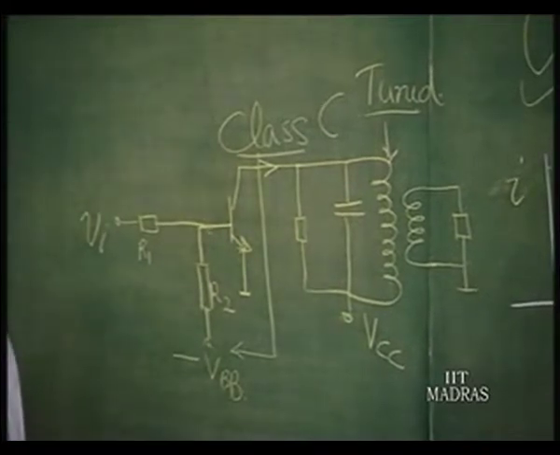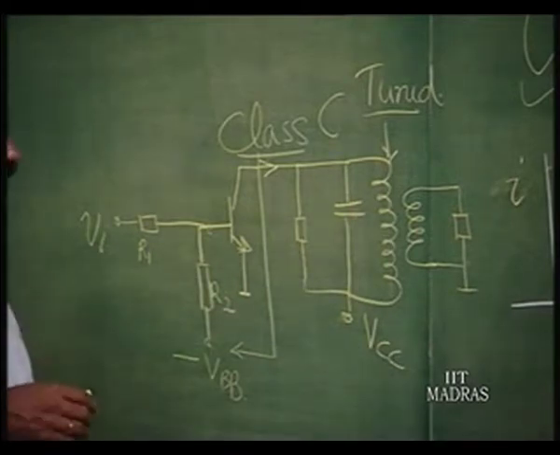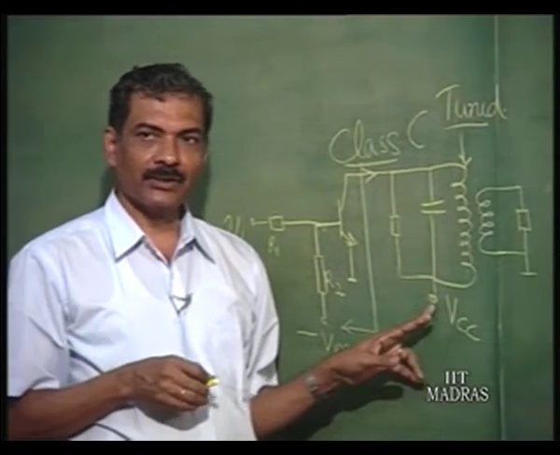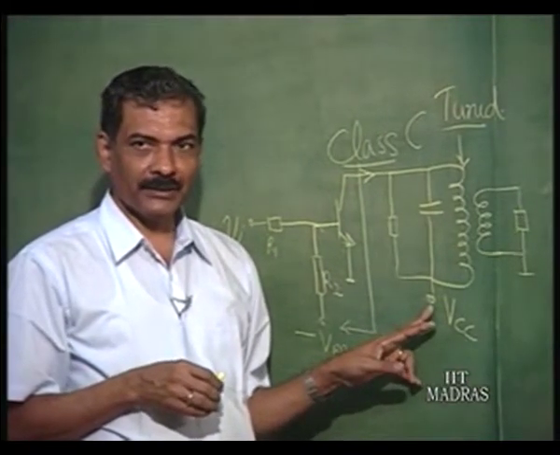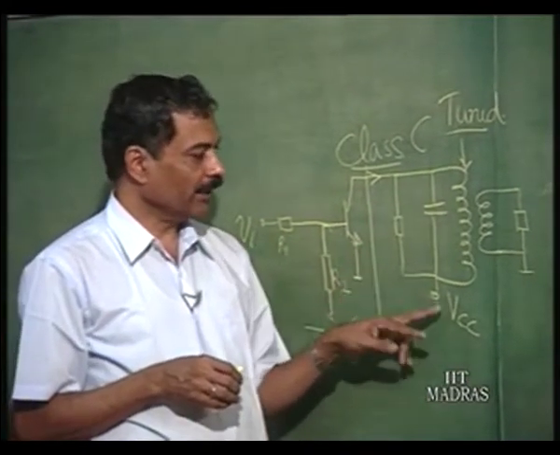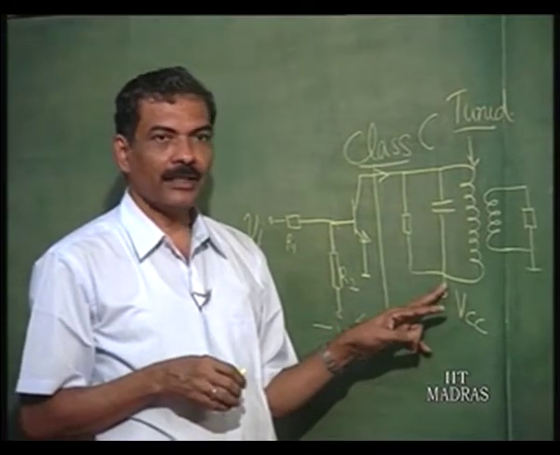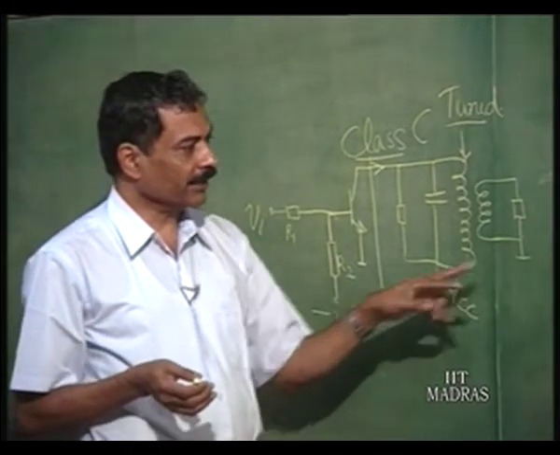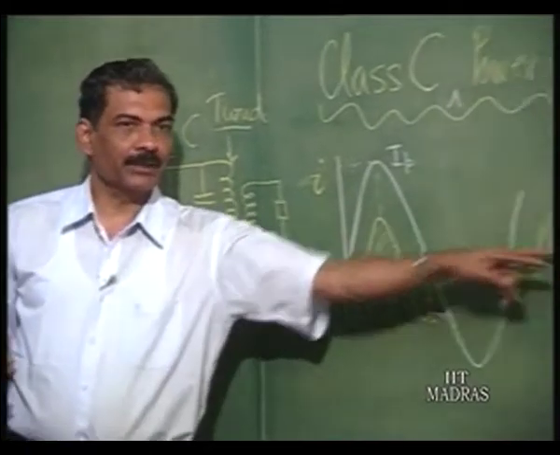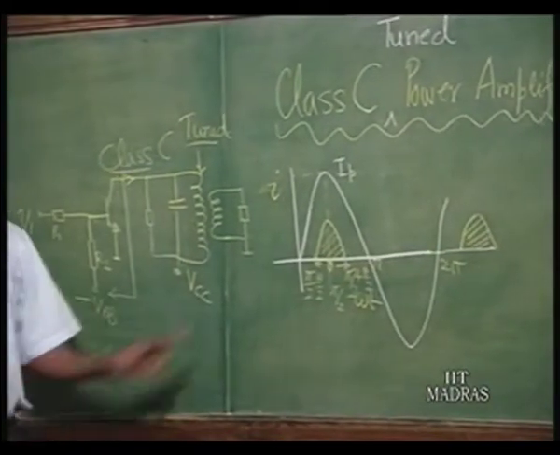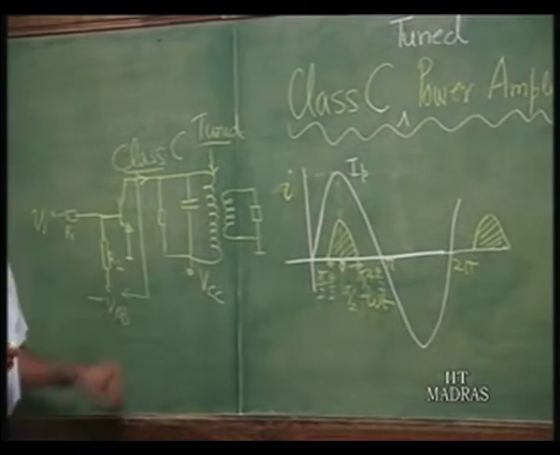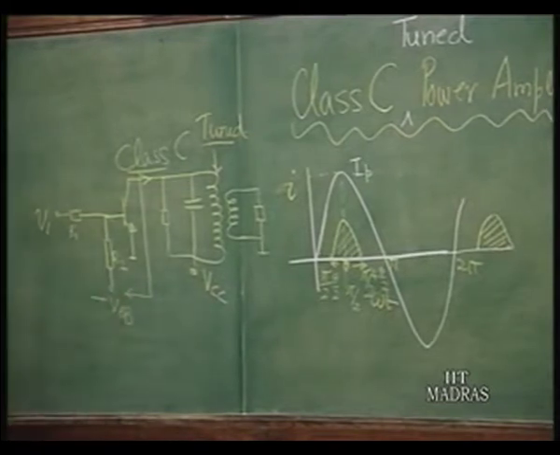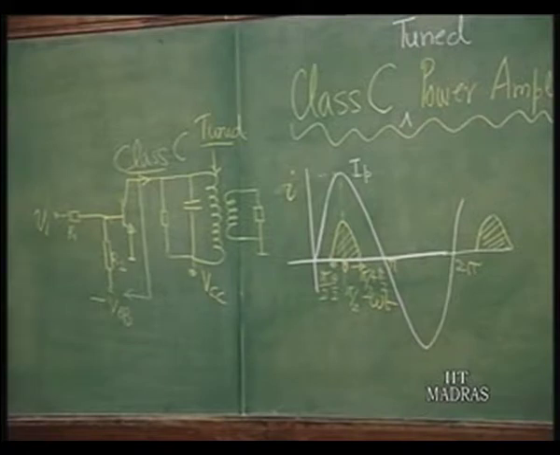Now, we have to understand how much is the input power. That is very easy. VCC is going to be the DC supply voltage, and therefore, through this an average current flows, and that average current corresponds to the average of this particular current waveform. So, therefore, VCC into I average is the power input.